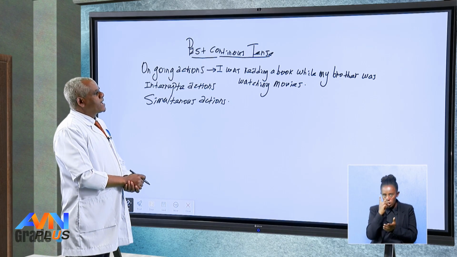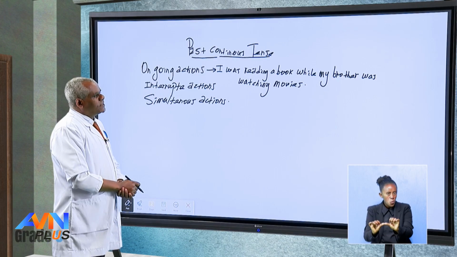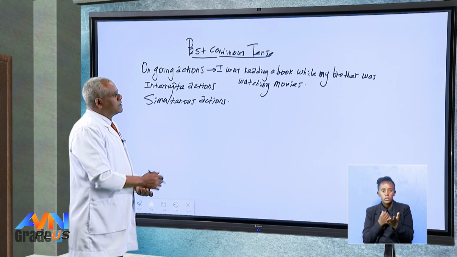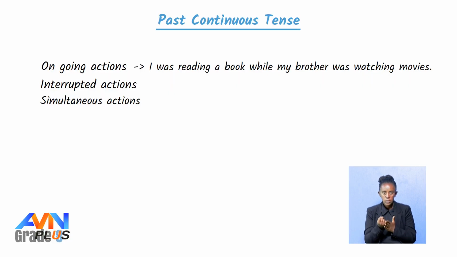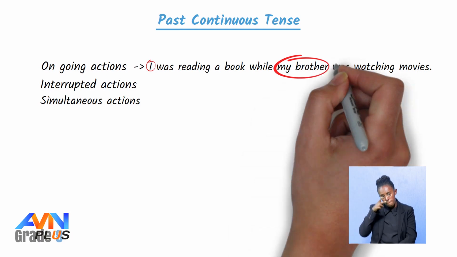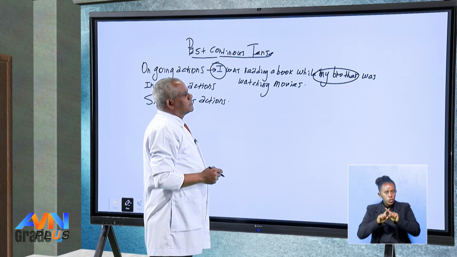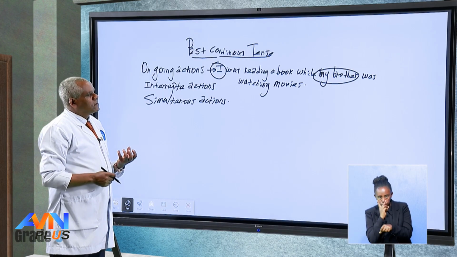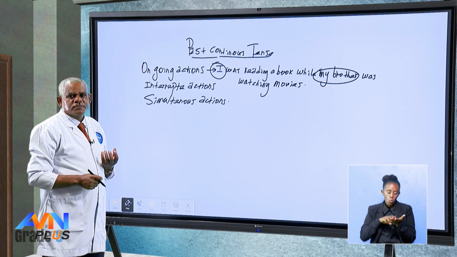This is ongoing actions. Ongoing action usually takes part with two different subjects. The first one is I, and the other one is your brother. So you are doing different actions. Your brother was watching movies, whereas you were reading a book.